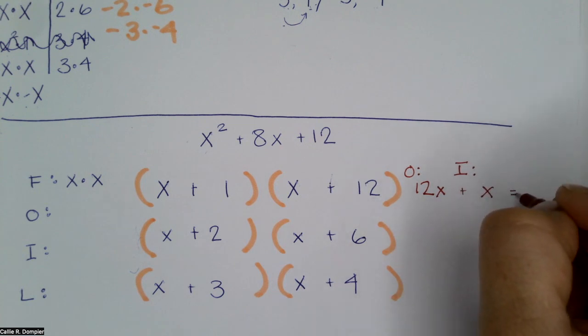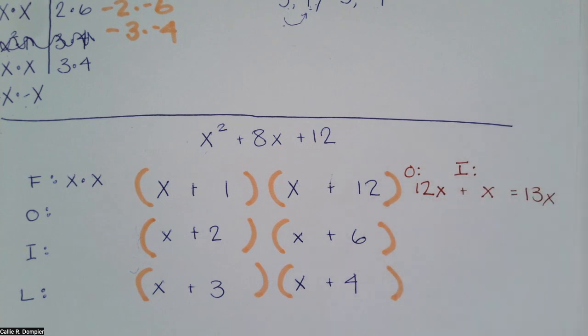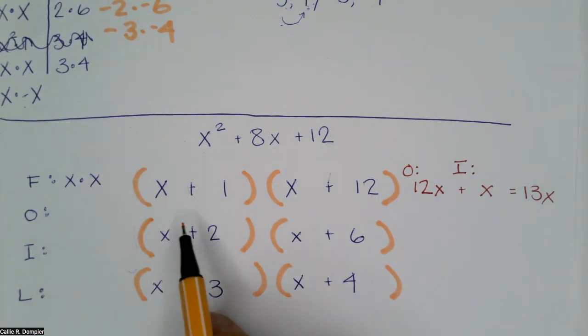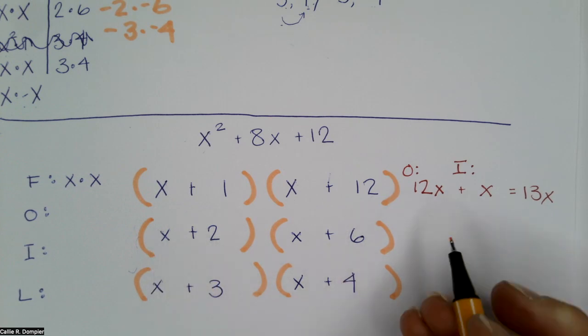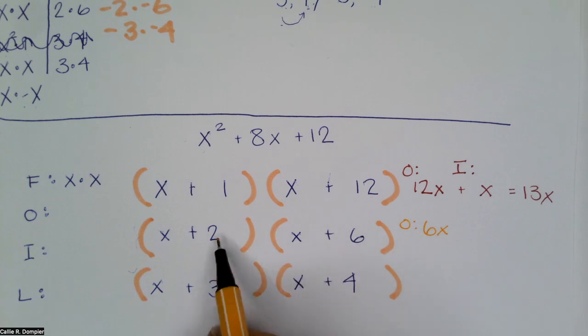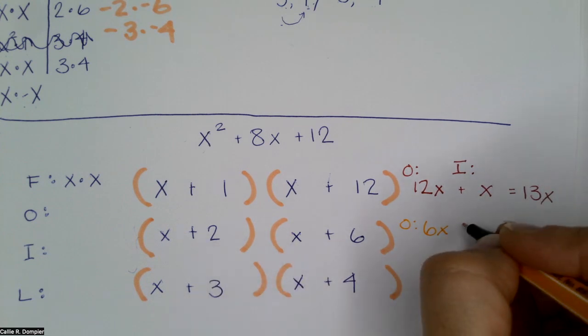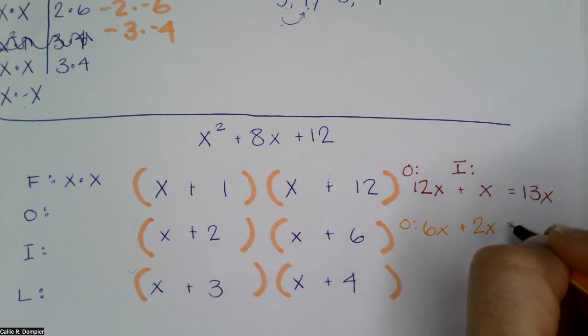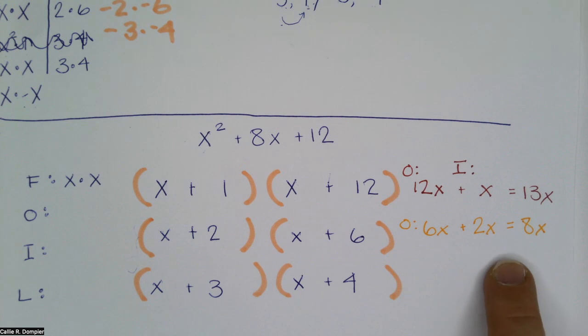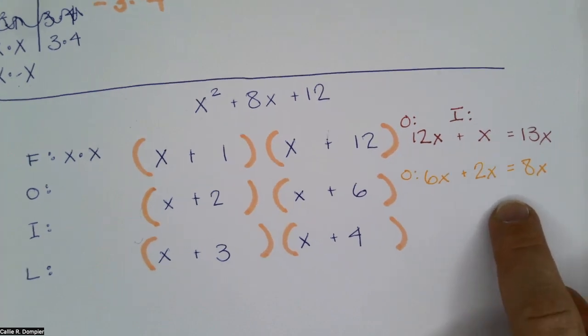If I add them, I get 13x. That's not 8, right? Next one, first, x times x. Outside, x times 6, 6x. Inside, 2 times x, 2x. 6 plus 2 is 8x, and that is what we're looking for, okay?